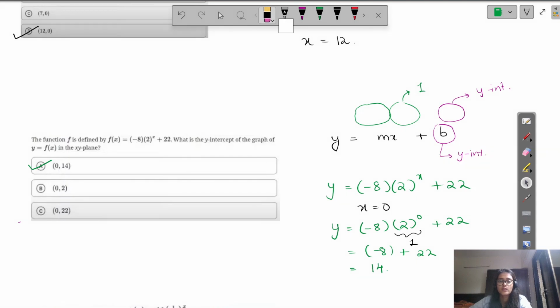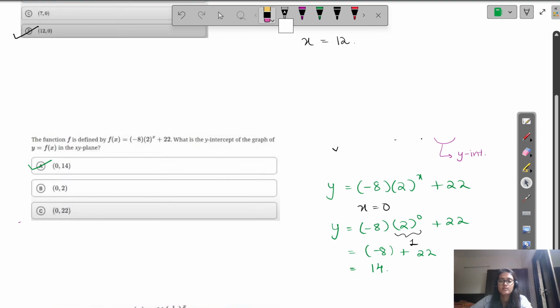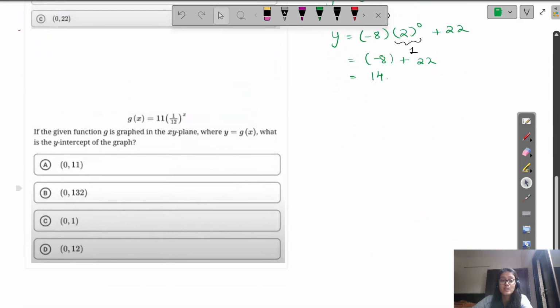Let's move to the third example. The third example is again an exponential function. If the given function g is graphed in the xy plane where y is equal to g of x, what is the y-intercept of the graph? Okay, let's do this.